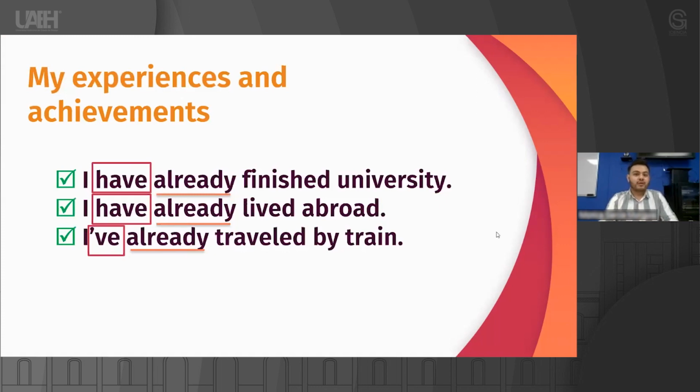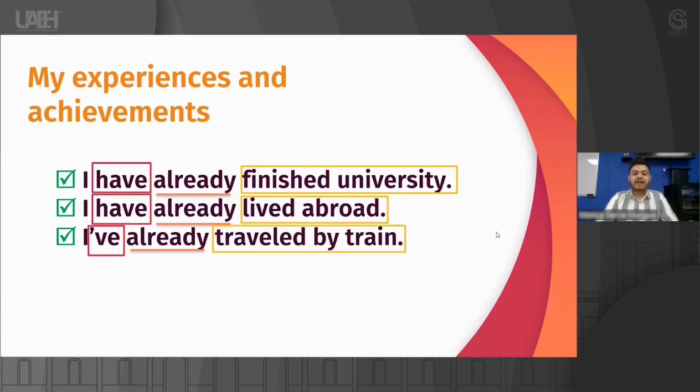So do you remember the activities that I had in my bucket list? They were finish university, live abroad, and travel by train, which are part of my complete list. But there is a little difference in here. I had them first like finish, live, and travel. Now I have them as finished, lived, and traveled.